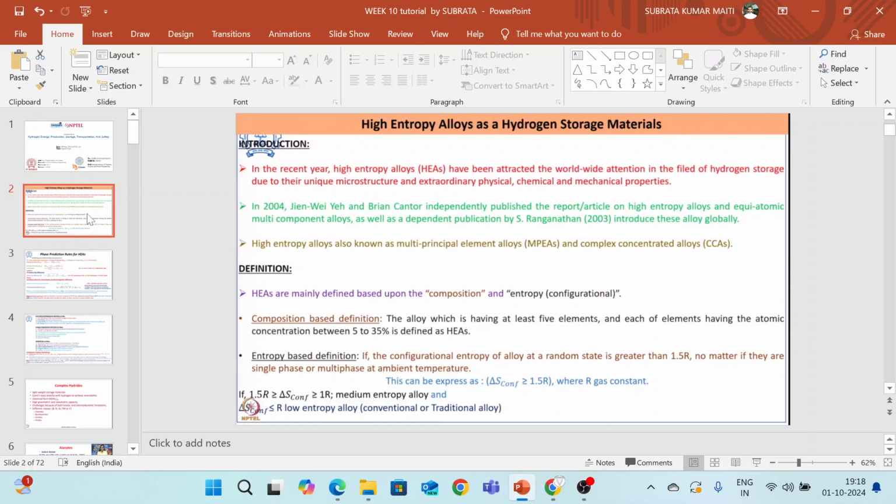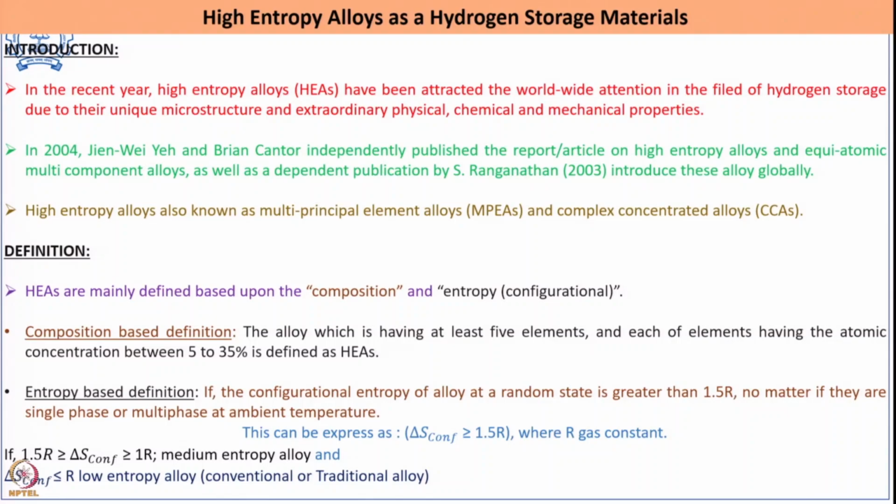Next time coming, some of the important slides I will go through. What is the main purpose of these things? The generation of hydrogen is costly, and storing hydrogen is also very costly.